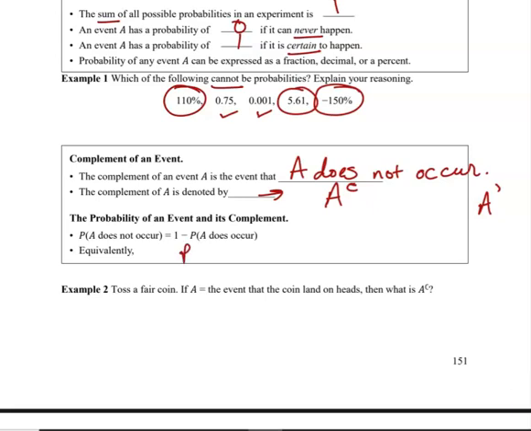Equivalently, we could write this as the probability of the complement is 1 minus the probability of the event itself. So look at this quick example, toss a fair coin. If A is the event that the coin lands on heads, then what is the complement? Well, first of all, the event A complement would be that the coin does not land on heads.